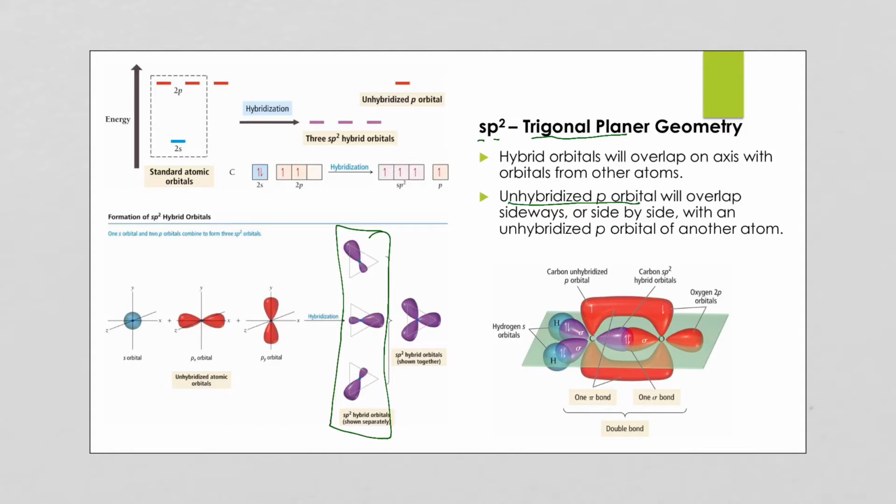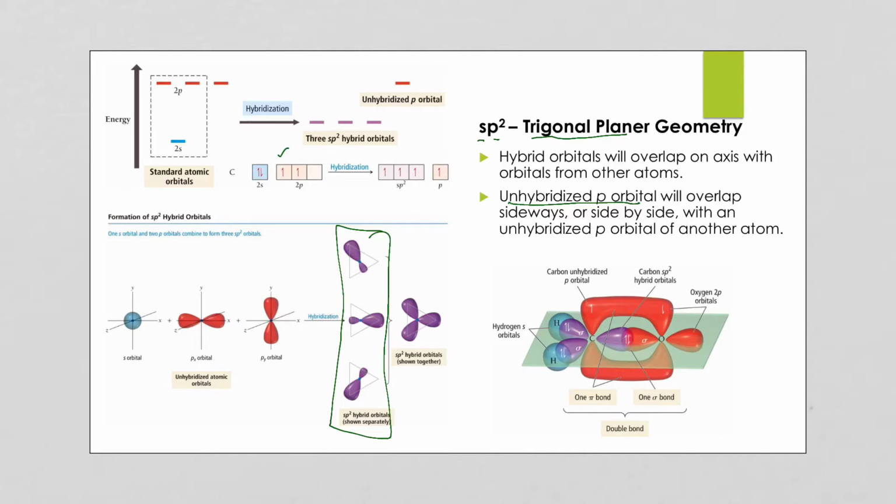Okay, so let's look at how this might play out in bonding. Let's look at carbon, a prototypical example. We start out with the 2s2 2p2 configuration. We hybridize, and our 4 valence electrons go into our hybrid orbitals, 1 in each. Notice the sp2 orbitals are going to be similar enough in energy to the unhybridized orbital that the electrons populate 1 in each orbital.